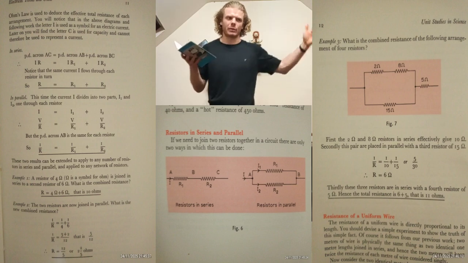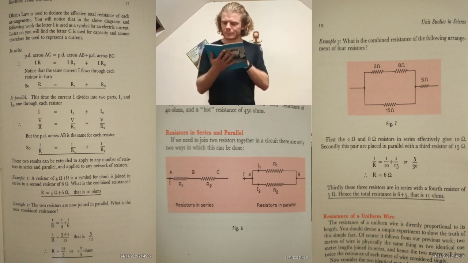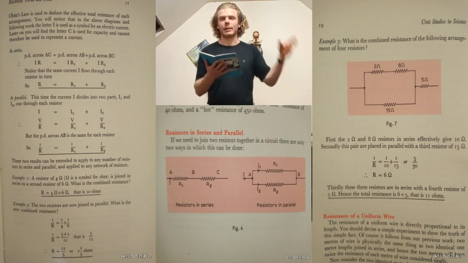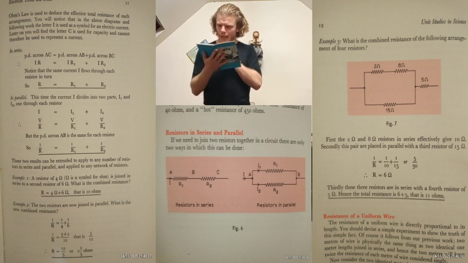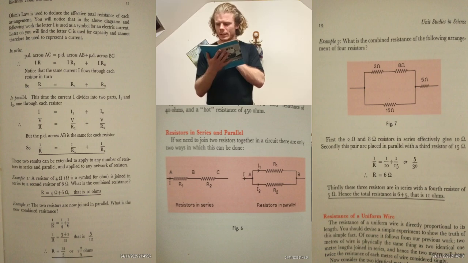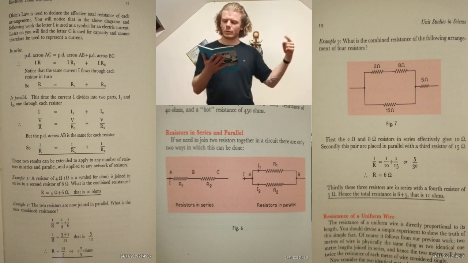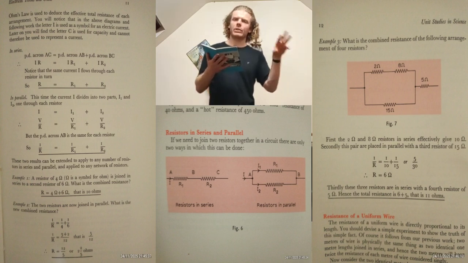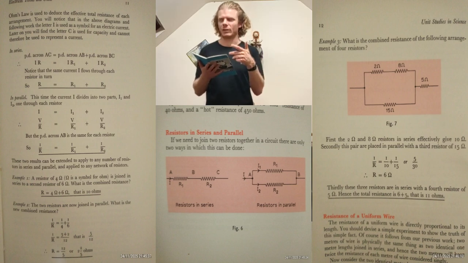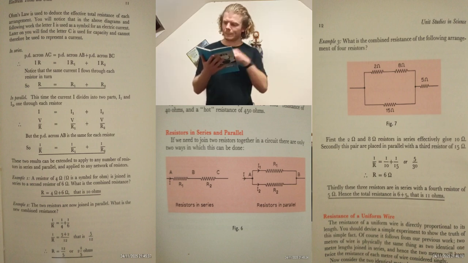That is the whole potential difference between here and here. That's okay. AC equals potential difference across AB plus BC. IR equals IR1 plus IR2. What is R? Resistor. The current resisted is the current resisted at resistor 1 and the current resisted at resistor 2 added.